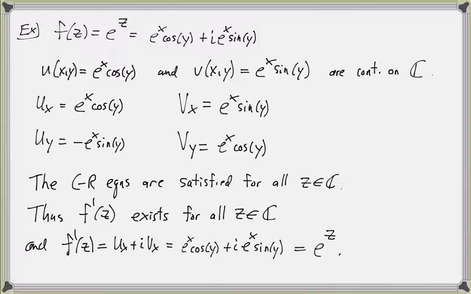So we see that the derivative of e to the z equals e to the z for all complex numbers z.